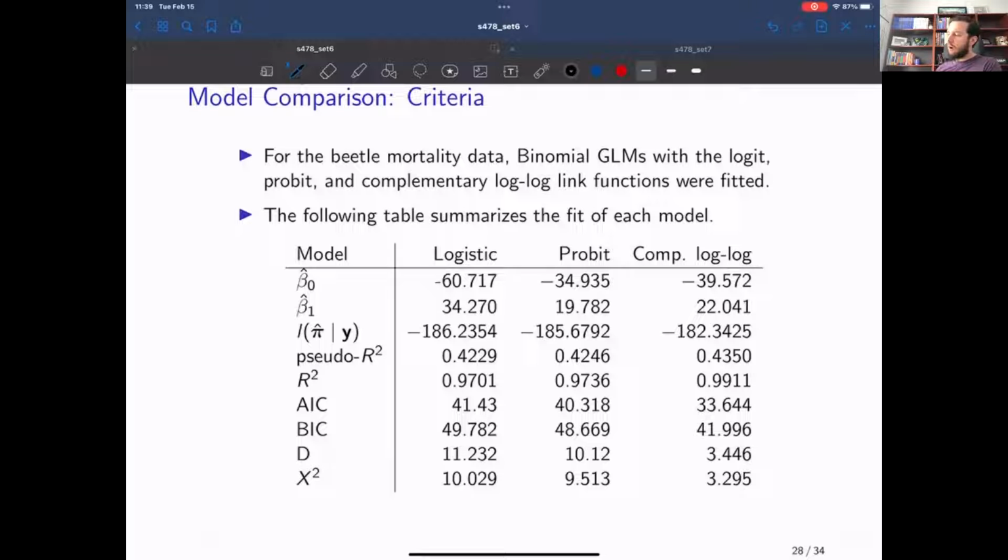Nonetheless, we have all three statistics here, and you can see in all three cases that the log likelihood, the AIC, and the BIC are suggesting that the complementary log-log model fits best.